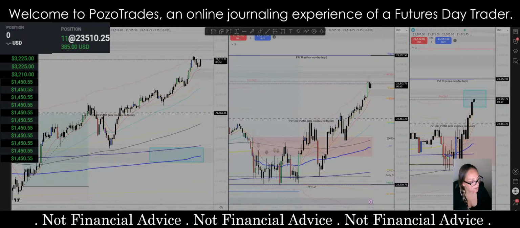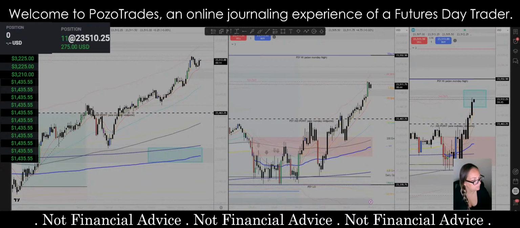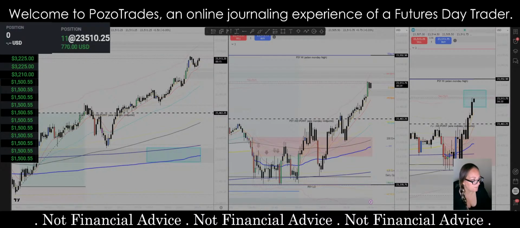See if we can re-break the high again. We can go a little push up here. Might tag me out at break even on these Apex accounts, but we still have imbalances above. Yep, it barely tagged me out.